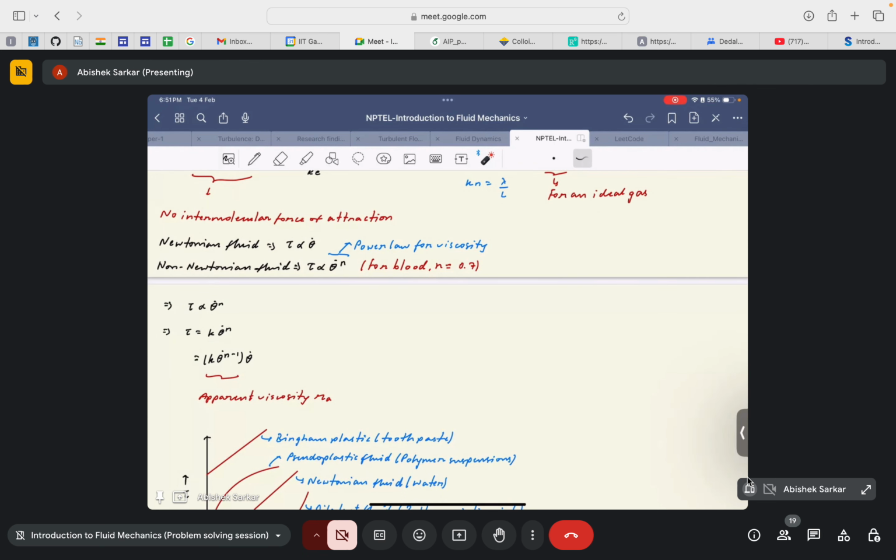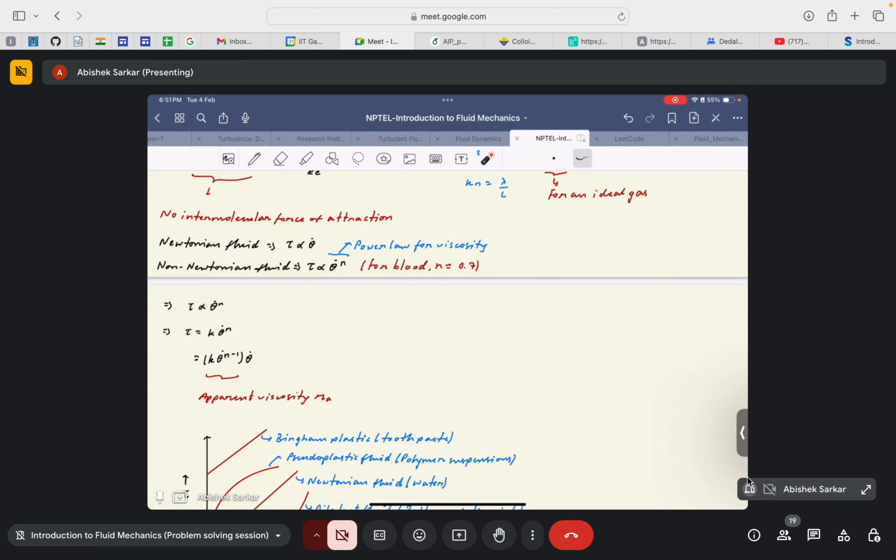Then we can write tau as k times theta dot to the power n. Just to find an expression similar to tau equal to mu theta dot, we can write tau equal to k theta dot to the power n minus 1 into theta dot, and this product gives you again theta dot to the power n; we are just dissociating it.